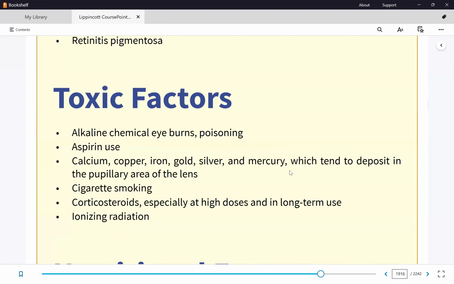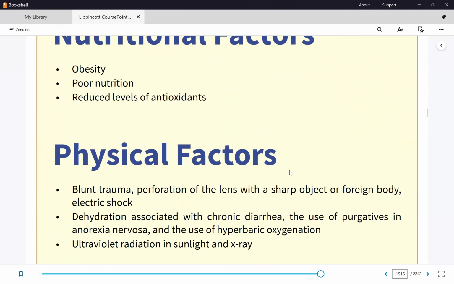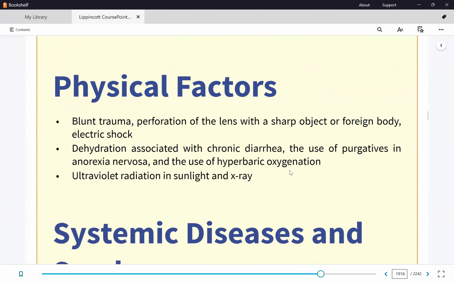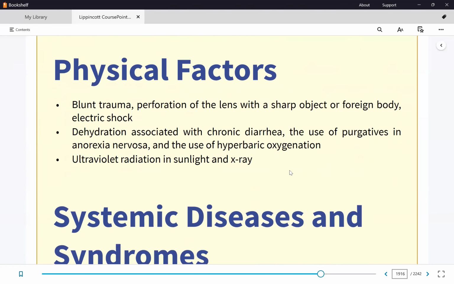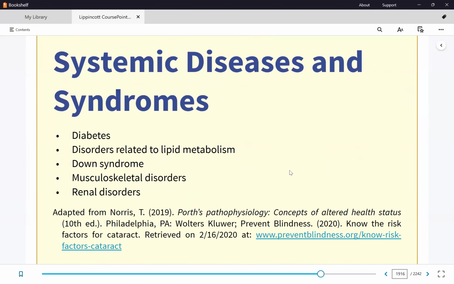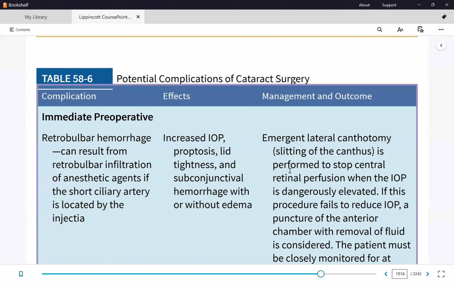Toxins such as these chemicals, smoking again, or long-term steroids can cause or precipitate the development of cataracts, or obesity, poor nutrition, and trauma also, or exposure to the sun, UV light, and X-rays. And some of these conditions. So diabetes tops the list. Most diabetics do develop cataracts, especially if they're not managing the sugar very well.